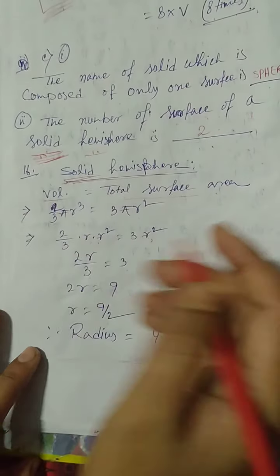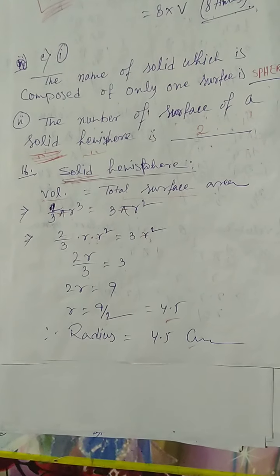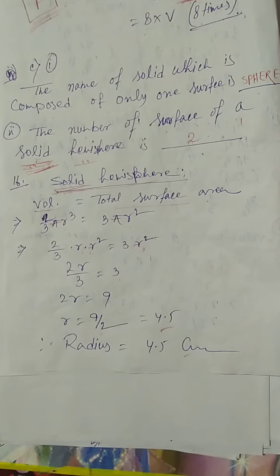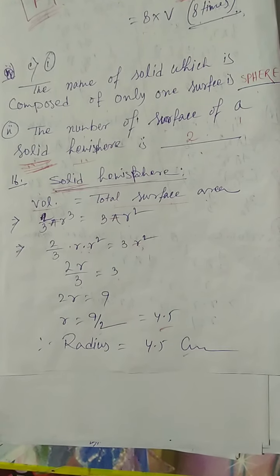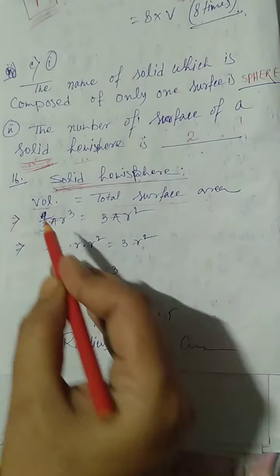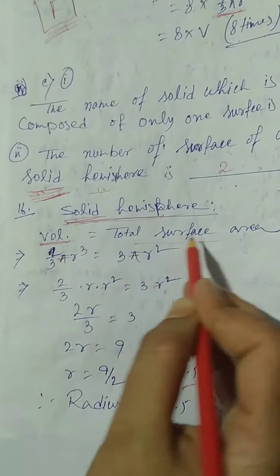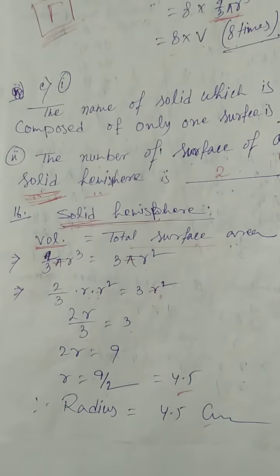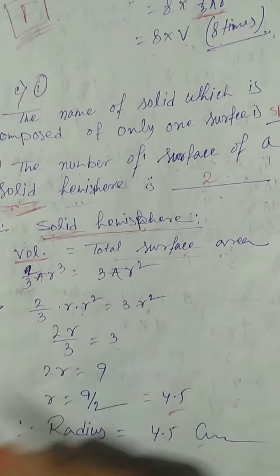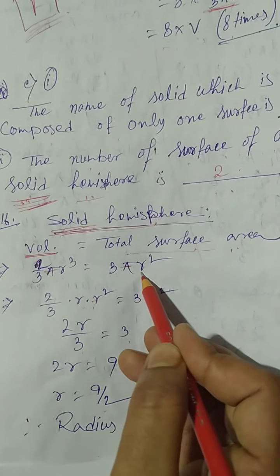Next, question number 16, question number 1. In question number 16, a solid hemisphere is given whose numerical value of the volume equals the total surface area. So the volume of the solid hemisphere is 2 by 3 pi r cube, and the total surface area of the solid hemisphere is 3 pi r square.